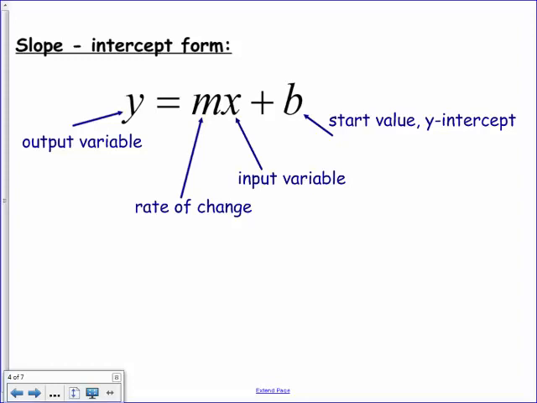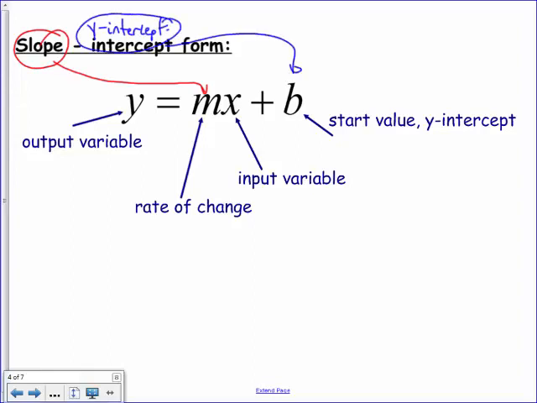So this m, remember, represents our slope, and the b in this case represents our y-intercept. And we can also see it in intercept form. Remember, that's that y equals a plus bx. It's the same thing.